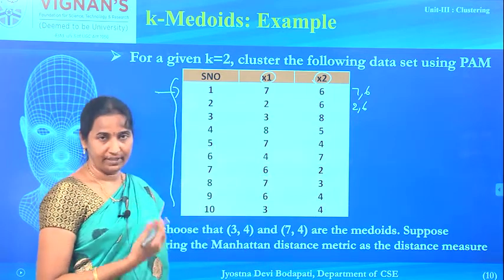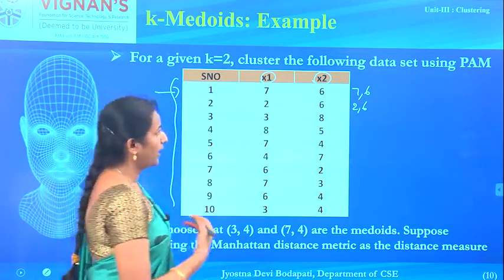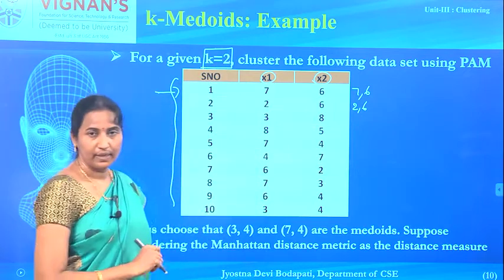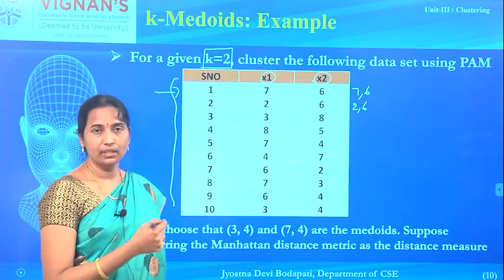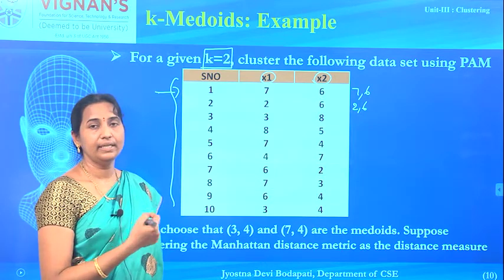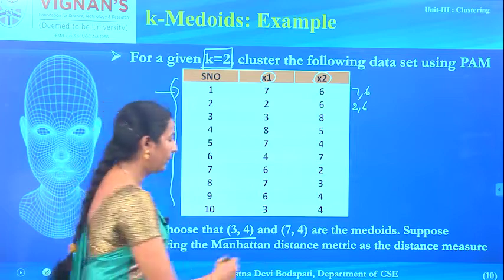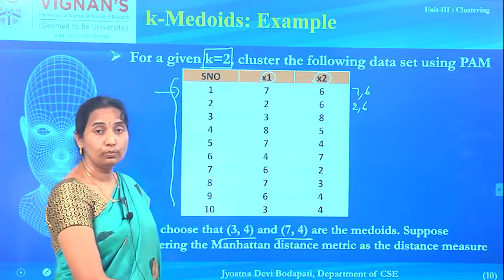So these are the data points that are given to us, and we are assuming that the k value is 2. That is, we need to select two of the samples as the initial Medoids, and assume that we are selecting 3 comma 4 and 7 comma 4 as the two Medoids.